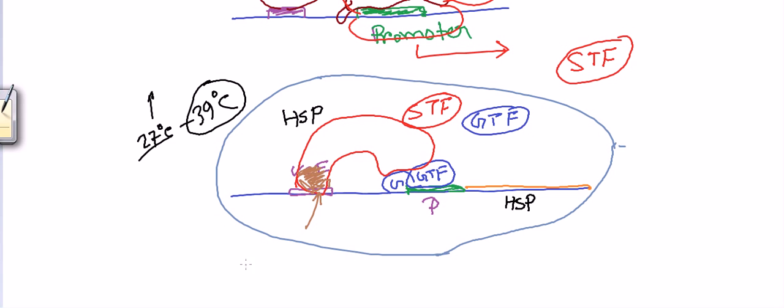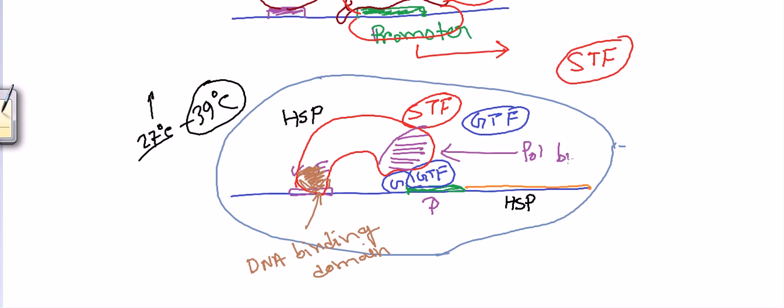So this is the DNA binding domain of the specialized factor, and this part is different. This segment is called the polymerase binding domain, okay, and protein binding domain.